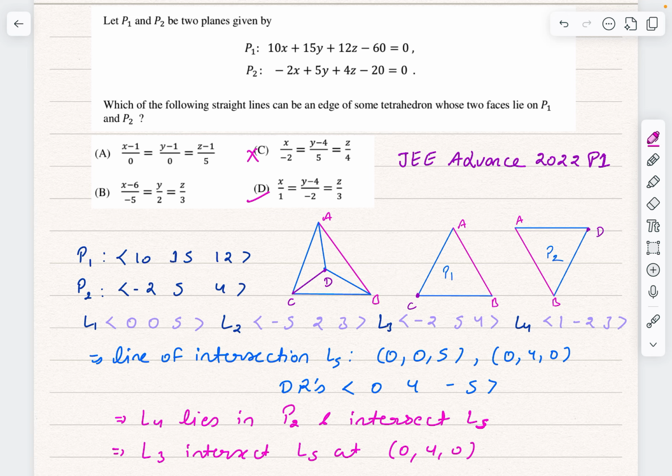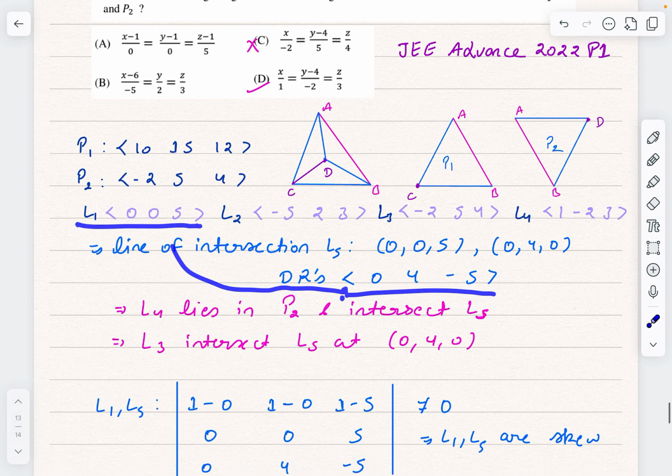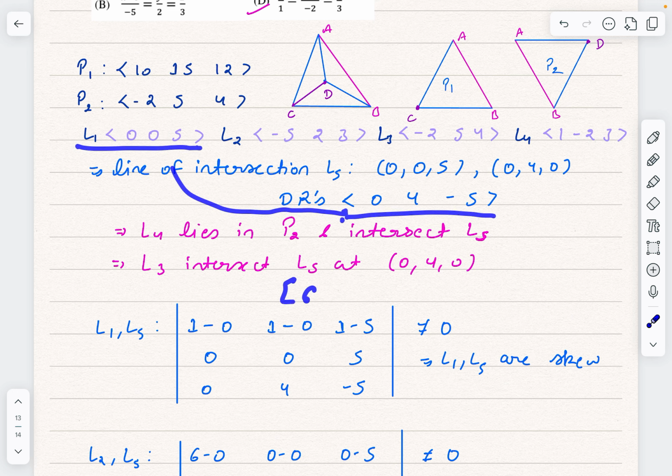So we only have to check for L1 and L2. L1, if I check here, is not parallel to L5. So if it is not parallel, how do we check if they are skew or not? I hope you know the formula: the box product of (A2 minus A1), B1, B2. If this box is non-zero, we say they are skew lines.